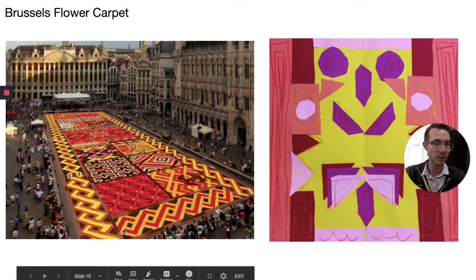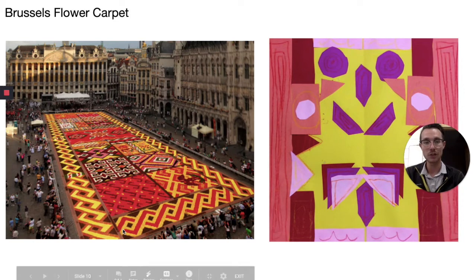And they do this, like I said, once every other year. Typically, the designs are based on another country and their relationship with Belgium. And because they're using flowers to do this, it's very temporary. This only lasts for like 2 or 3 days before these flowers start to wilt, and then they go and clean them all up.